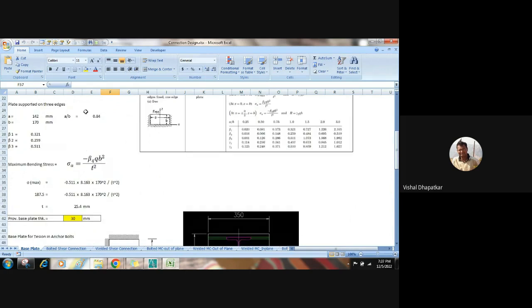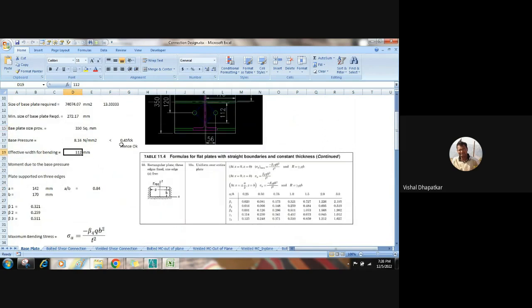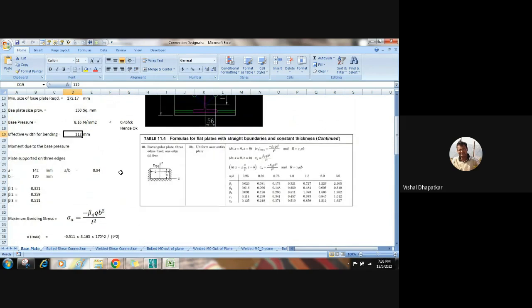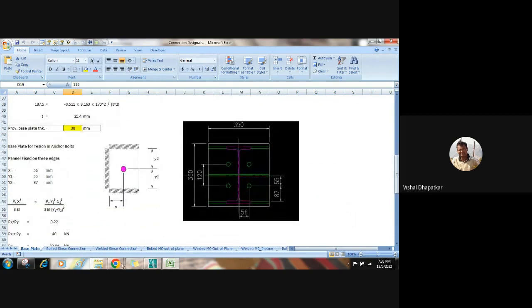In the book you will find only calculating this pressure, like this moment for the cantilever portion, okay sir, and you can just find the thickness required for that.